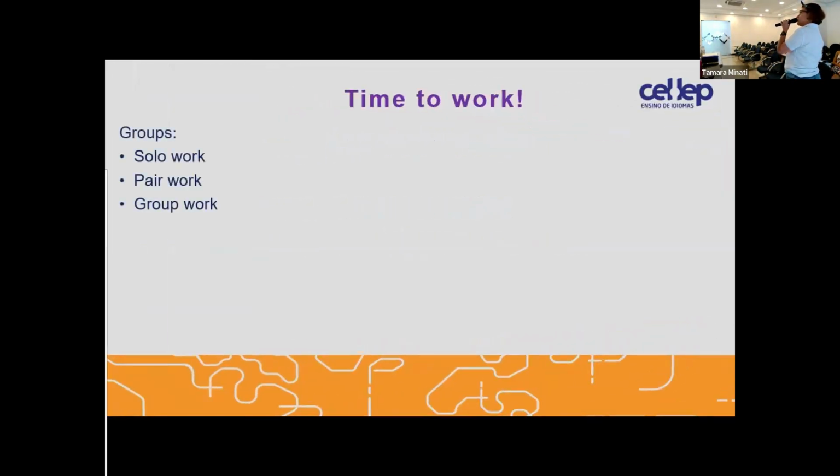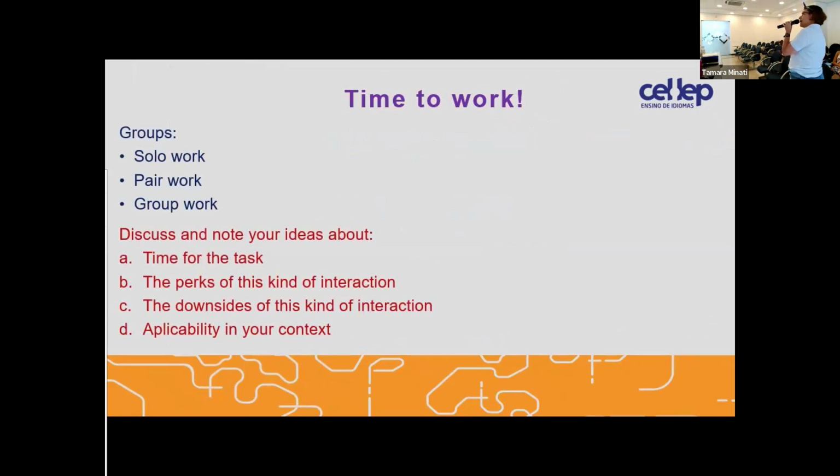So I want to discuss solo work, pair work, and group work. And when you discuss and make notes, I want you to think about time for the task. Does it have to be longer if we are working individually or if we are working in groups? Does it have to be different according to the pattern of interaction that we are dealing with?